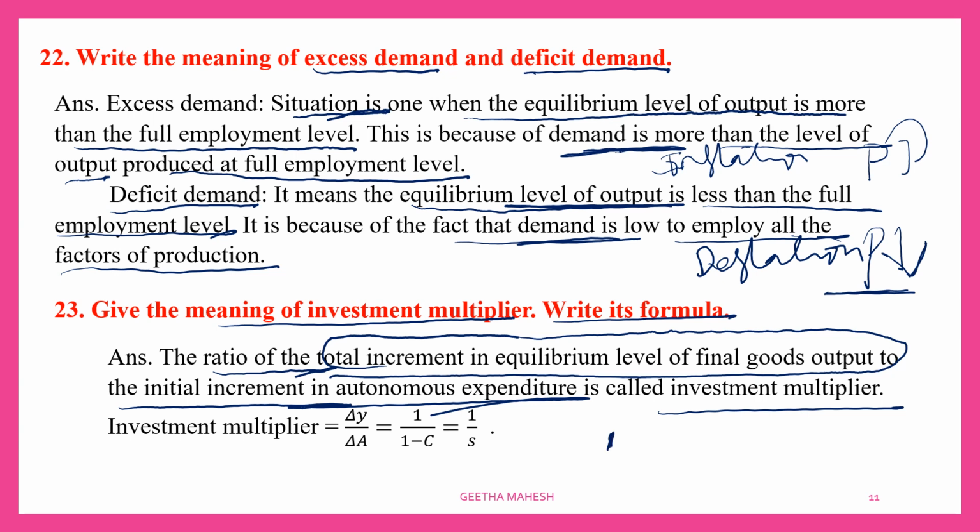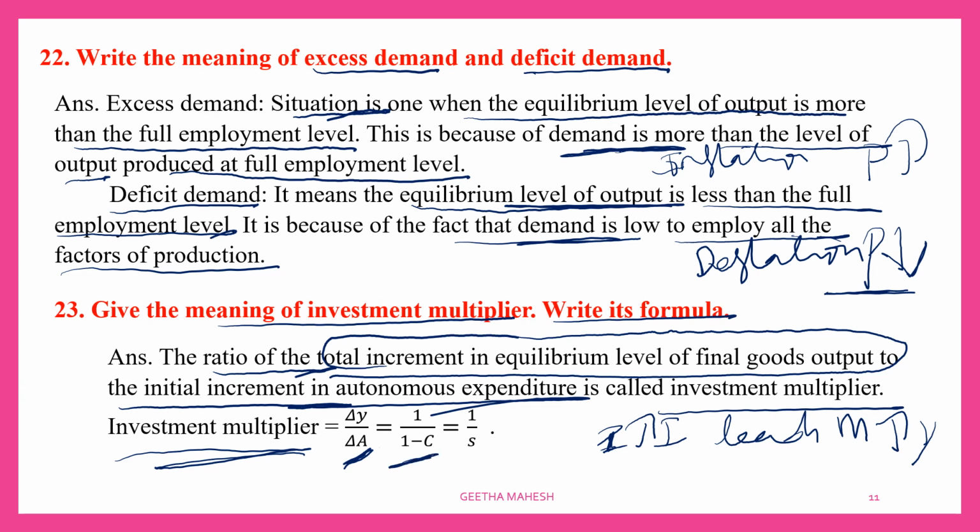That means an initial increase in investment leads to a many times increase in income. The formula for investment multiplier is delta Y divided by delta A, or 1 divided by 1 minus C, where C stands for marginal propensity to consume, or 1 divided by S, that is marginal propensity to save.